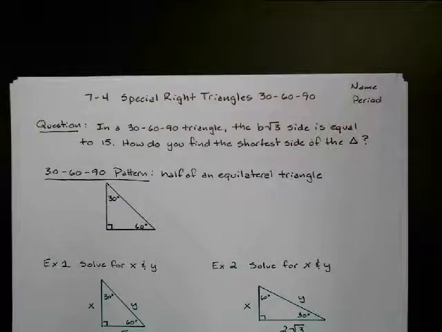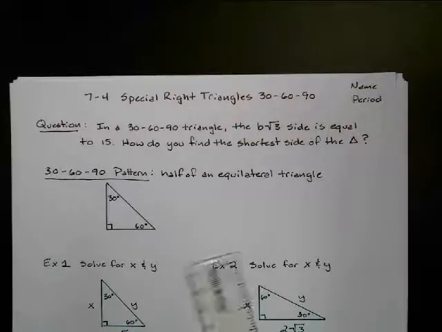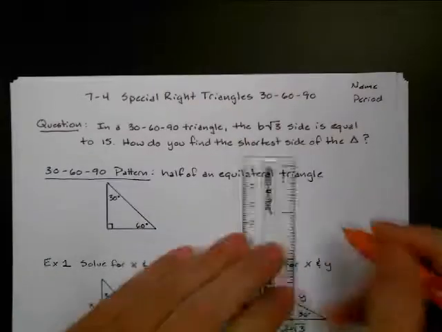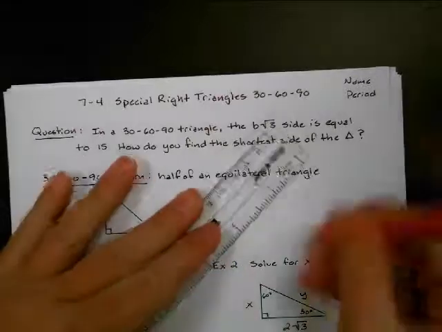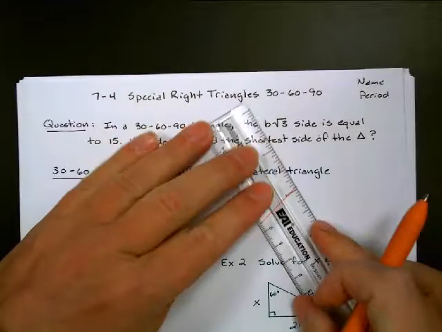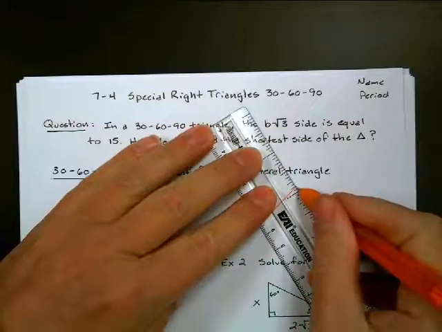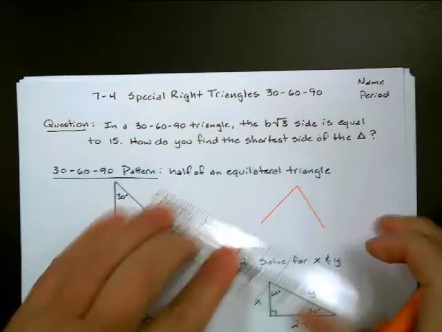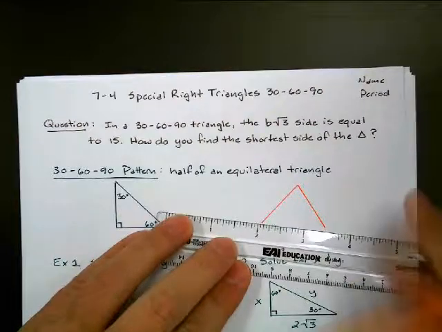And 30, 60, 90 is just half of an equilateral triangle. So if I had an equilateral triangle over here, let's make an equilateral triangle. That was really bad. It's getting better.